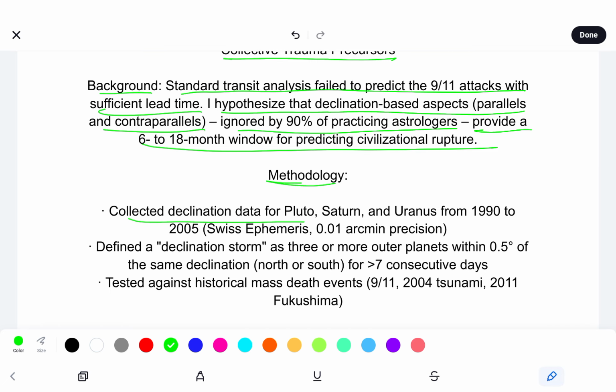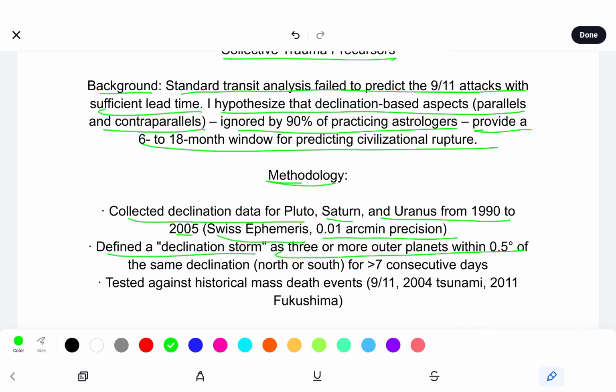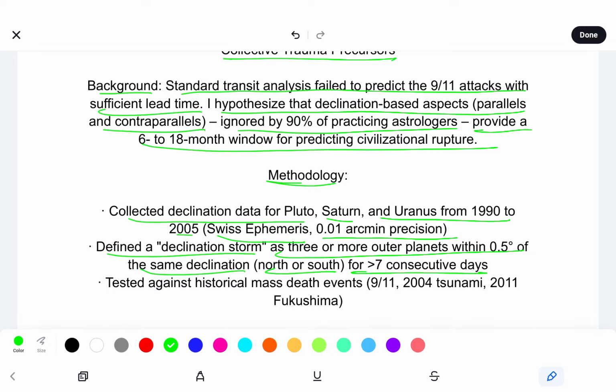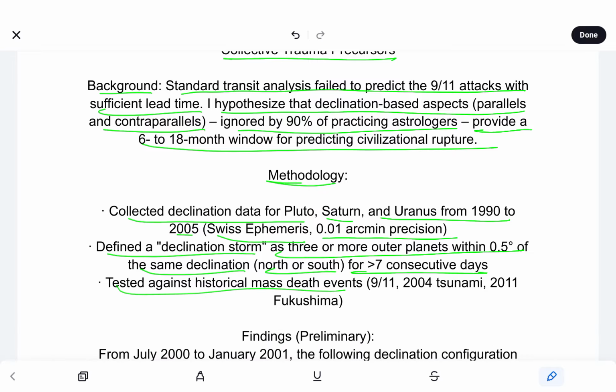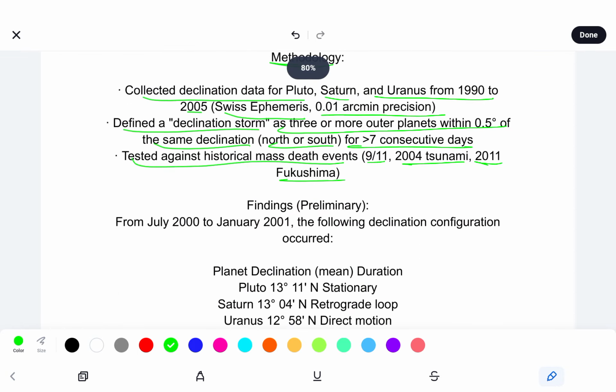Collected declination data for Pluto, Saturn, and Uranus from 1990 through 2005, Swiss Ephemeris, 0.01 arcmin precision. Defined a declination storm as 3 or more outer planets within 0.5 degrees of the same declination, north or south, for greater than 7 consecutive days. Tested against historical mass death events: 9/11, the 2004 tsunami, 2011 Fukushima.